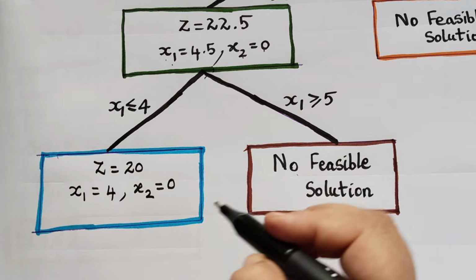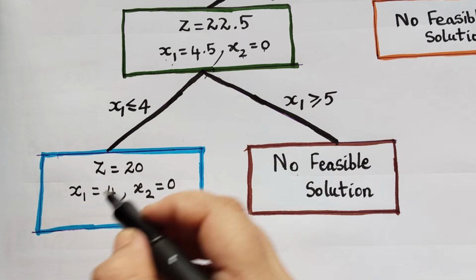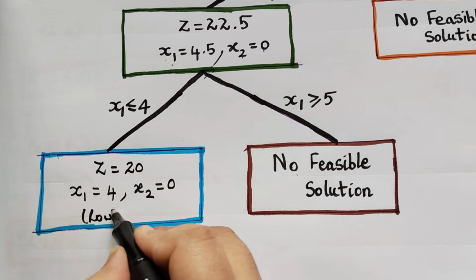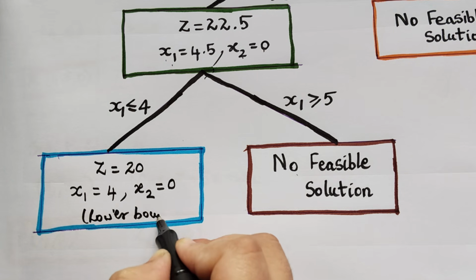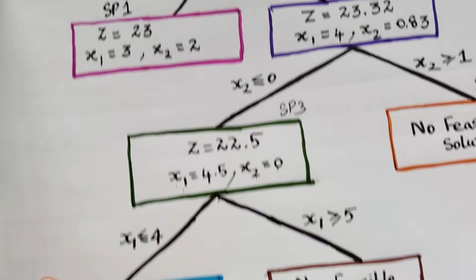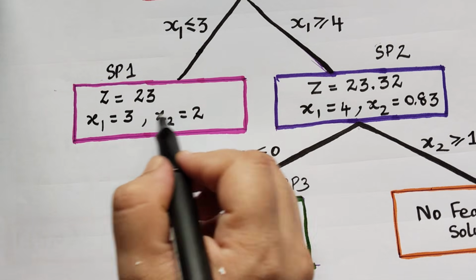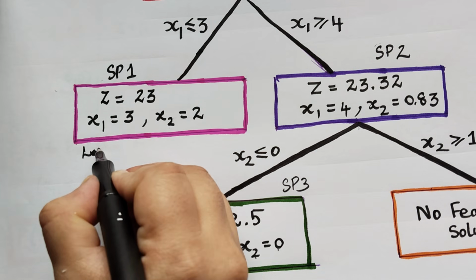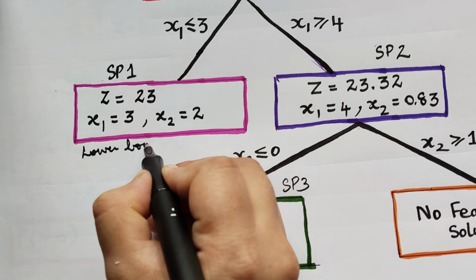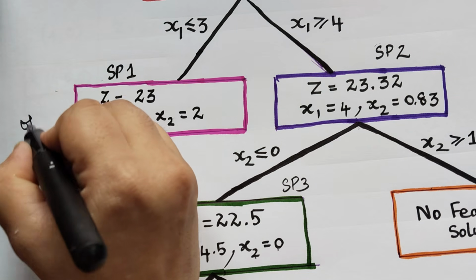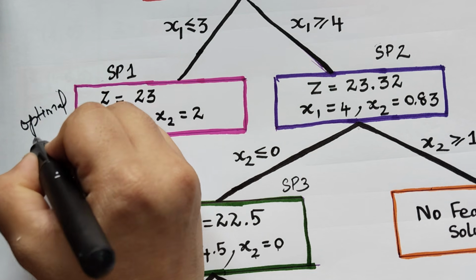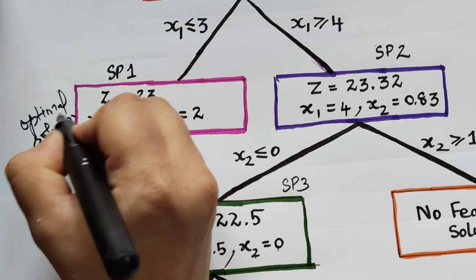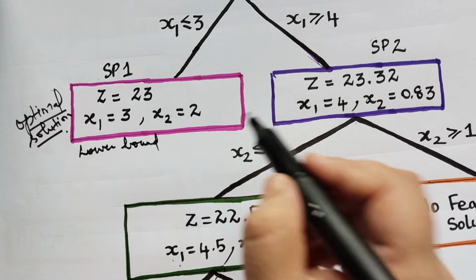The only lower bound that we could see is this, and this is also because it didn't have integers, so this will give us the lower bound, and in fact this gives us the optimal solution.